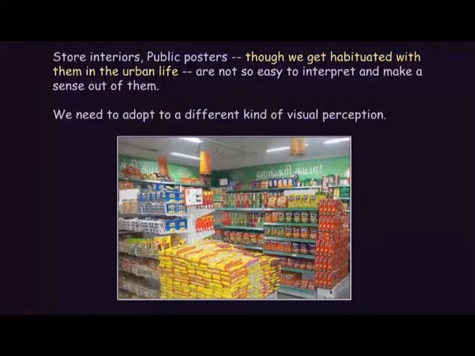In some cases where we frequent quite often the marketplace, the shopping mall, the shopping arcade is the physical context for a number of images and visuals which form a significant part of popular visual culture of a market or a shopping mall or a shopping arcade. So, store interiors, public posters, though we get habituated with them in urban life, are not so easy to interpret and make sense out of.